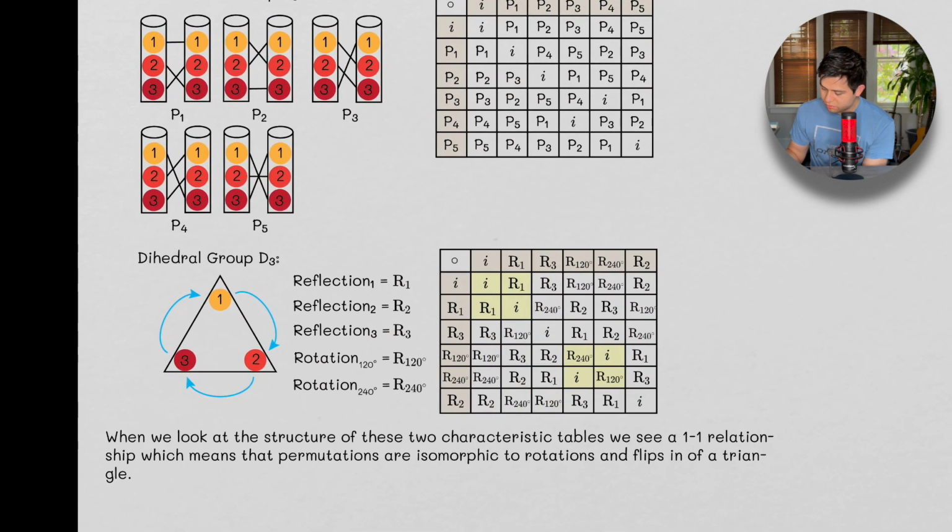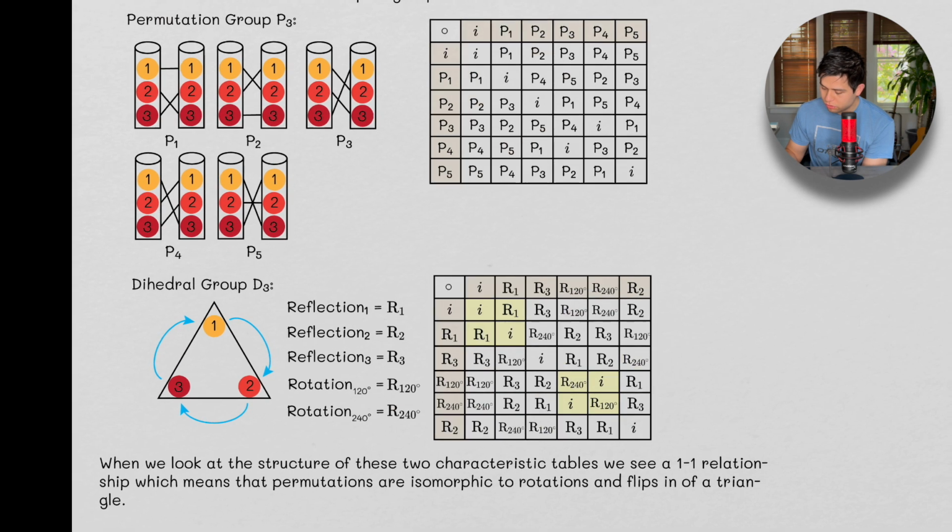So we're saying P1 is getting mapped to R1. And then P2 we're saying is getting mapped to R3.